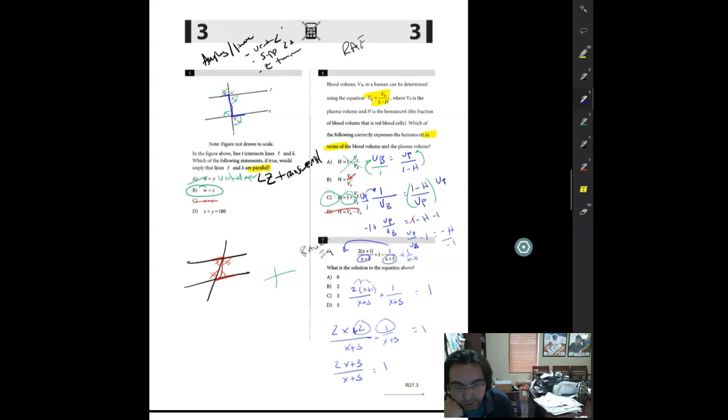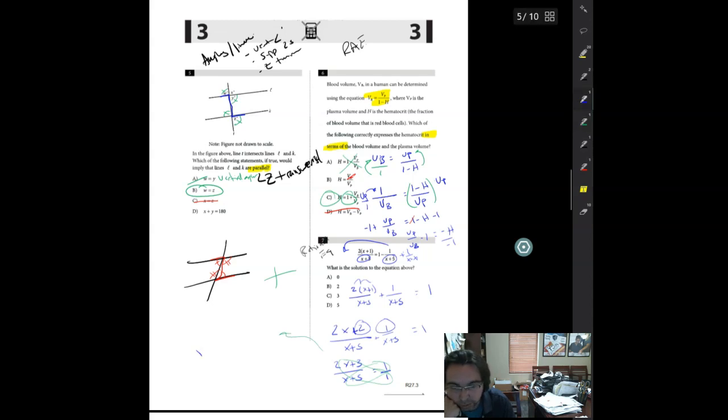Now, what we can do here is essentially this 1 is basically 1 over 1. All right. And as a result of that, we can treat this right side as a fraction of 1 over 1. And since we have an equal sign, we want to cross multiply. So I'm going to move all this over here. Okay. So now I've got x plus 5 times 1.